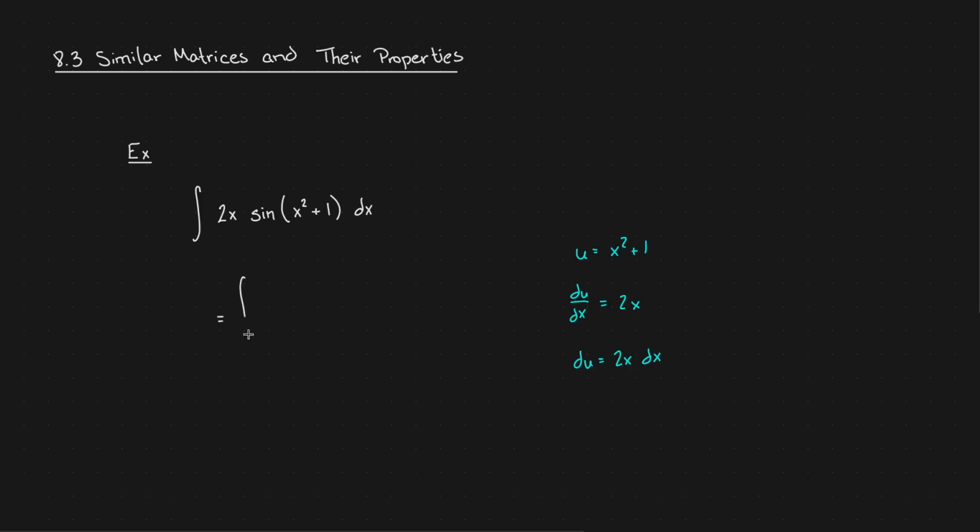And so the indefinite integral becomes, after I do the substitution, sine of x squared plus 1 becomes sine of u. And 2x times dx is my du. Okay? So notice we have changed the problem, and in so doing, we have a much easier problem to work with now, right?